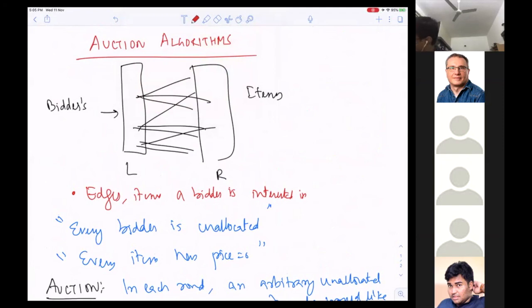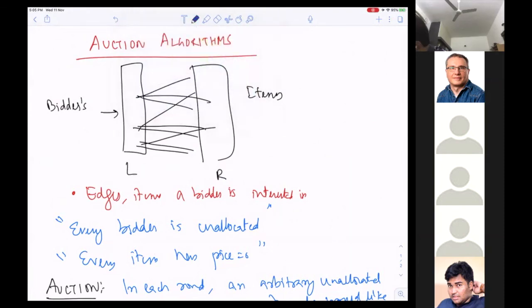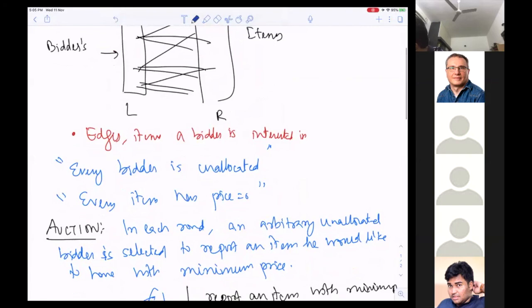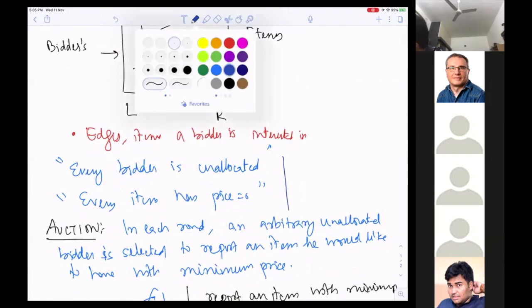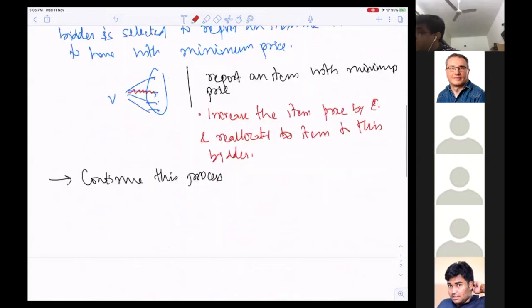Why it is a welfare maximizing assignment, you will see in a minute. So look, you start with the item price 0, but price is capped at 1. Continue this process.